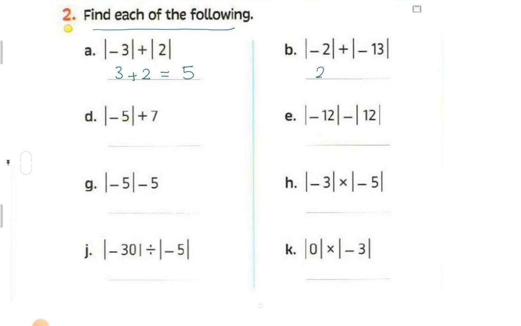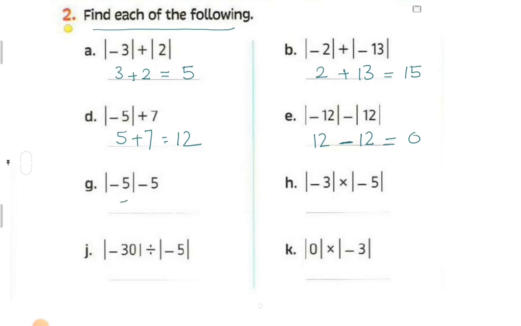Absolute value of negative 2 plus absolute value of negative 13 equal 15. Absolute value of negative 5 plus 7 equal 12. Absolute value of negative 12 is 12 minus absolute value of 12, it's just 12, equal 0.